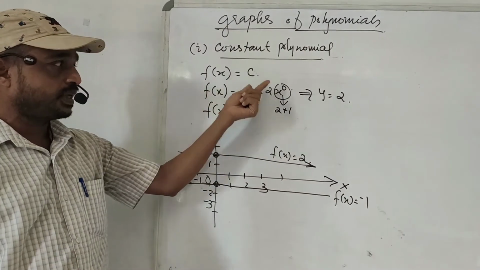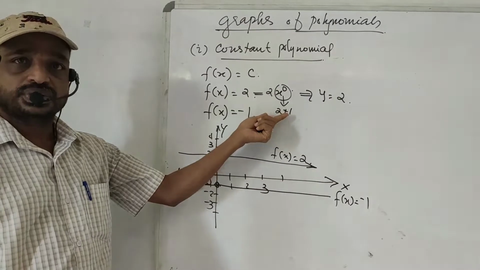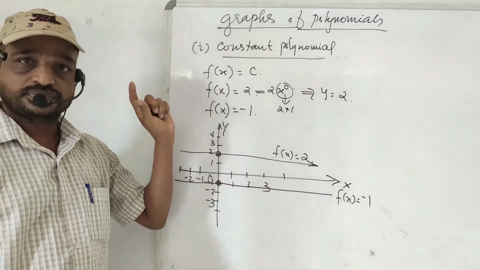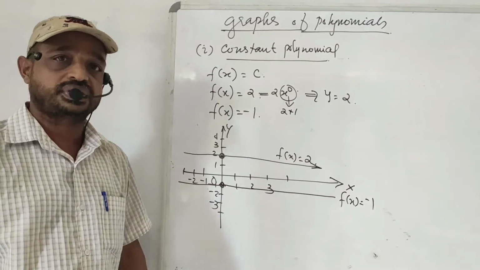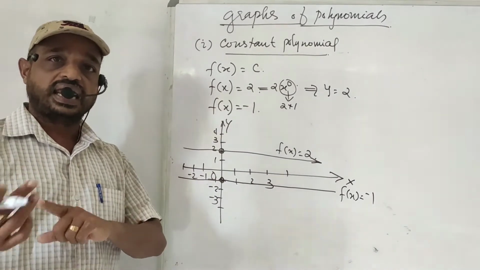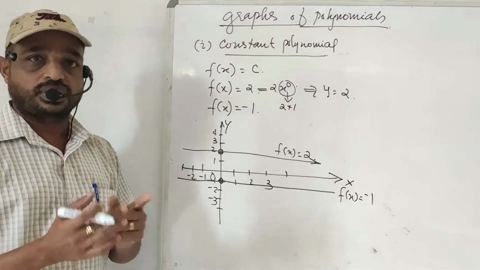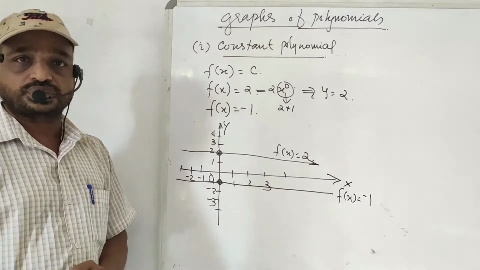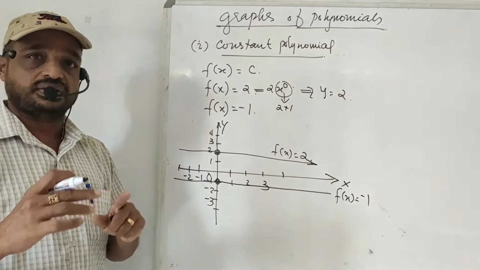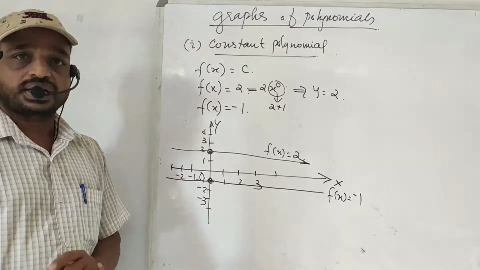A constant polynomial is a polynomial of degree 0, so it has 0 zeros. We have seen that if a polynomial is of degree n, it will have n zeros. A polynomial of degree 1 will have 1 zero, degree 2 will have 2 zeros, degree 3 will have 3 zeros, and so on.